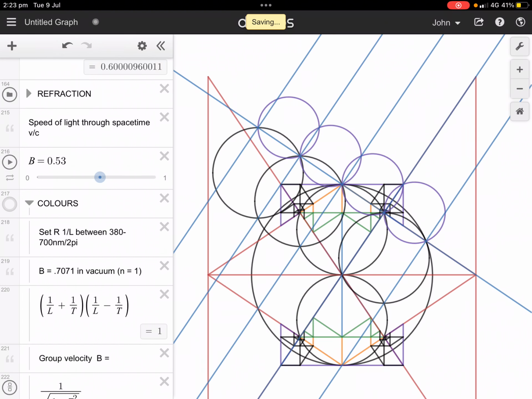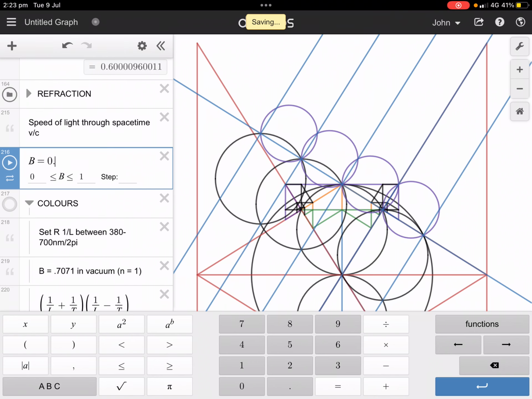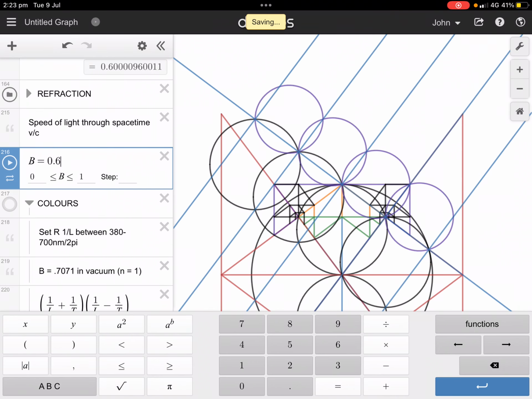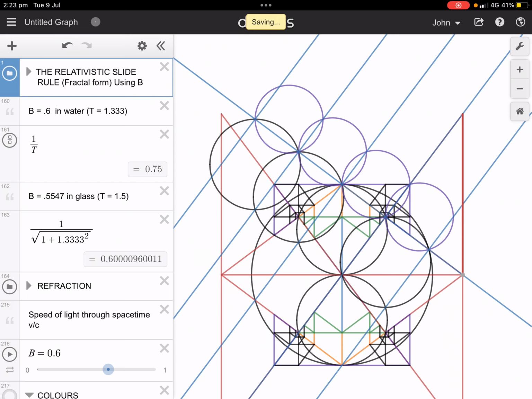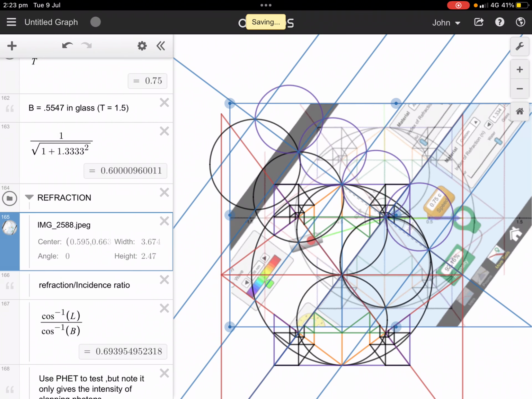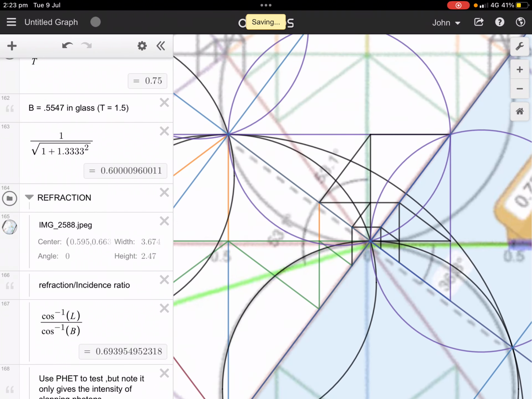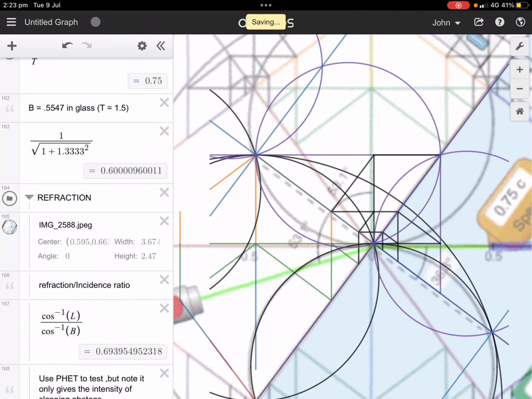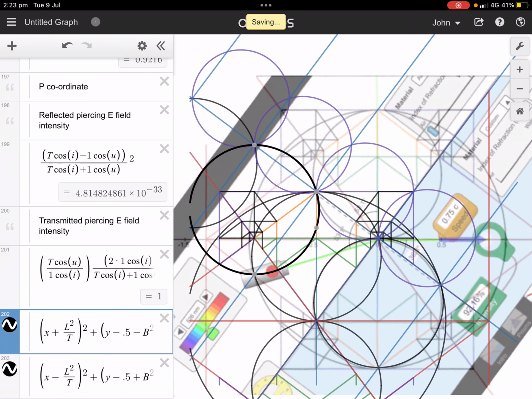Okay, so where are the angles? Let me just make that 0.6 again, so that's water again. There's water. Just put that on here, and if you look closely, you'll see which photon turns into which photon.